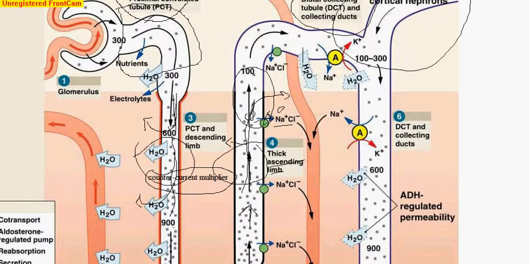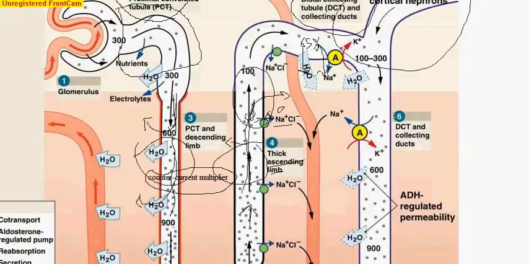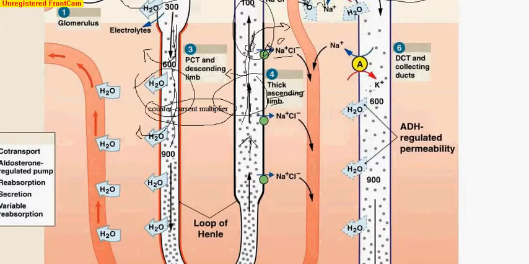Here water moves and sodium chloride moves until that average amount, like in the average person 65% of water, is obtained. Okay, this happens in the distal convoluted tubule, the first region. The second region is the collecting duct.